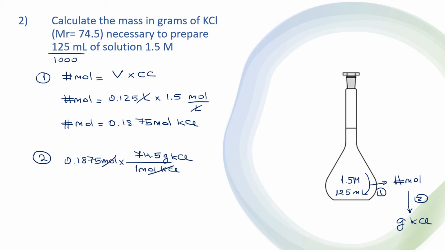This one cancels with this one, and the answer will be 13.97 grams of potassium chloride. If I express that with the correct amount of significant digits, this one has 2, so I should say around 14 grams of potassium chloride.